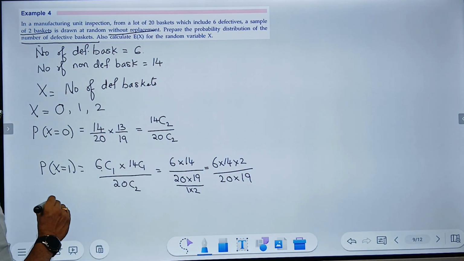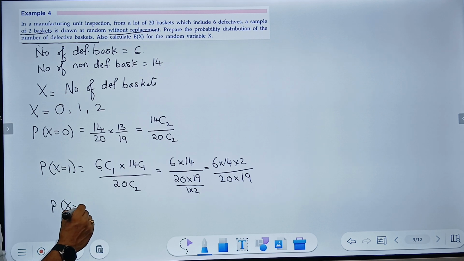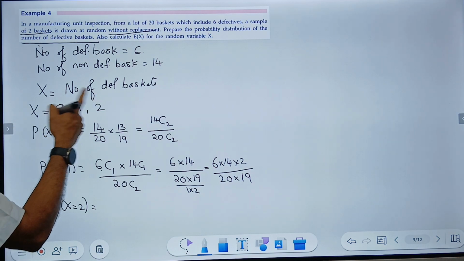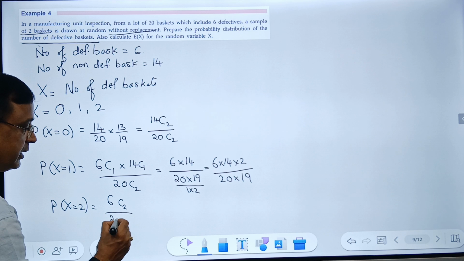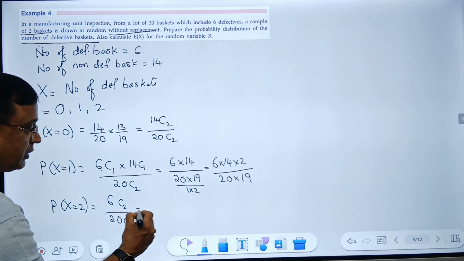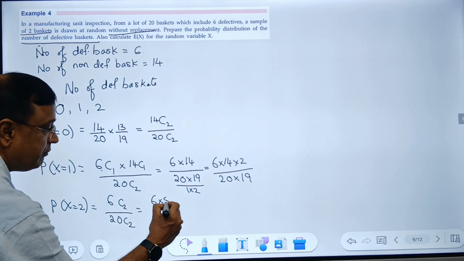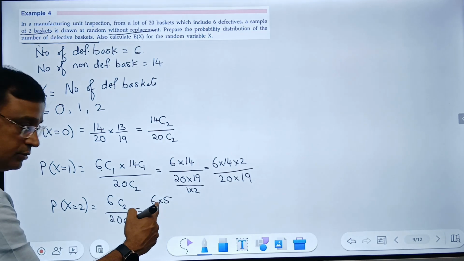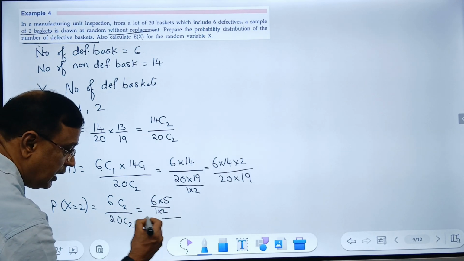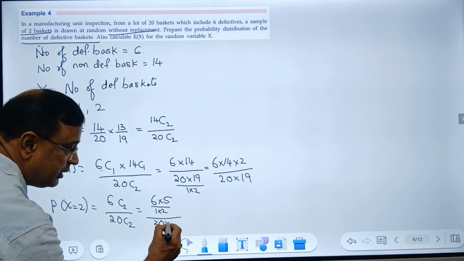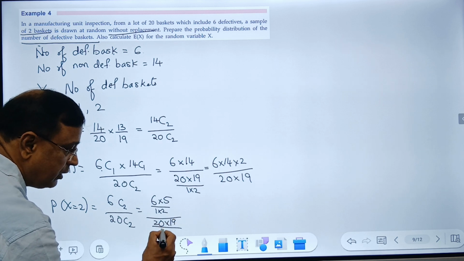Now what is P of X equal to 2? P of X equal to 2 means both are defective, the number of defective boxes, right? That is 6C2 by 20C2. Now 6C2 is 6 into 5 by 1 into 2, and 20C2 is 20 into 19 by 1 into 2.